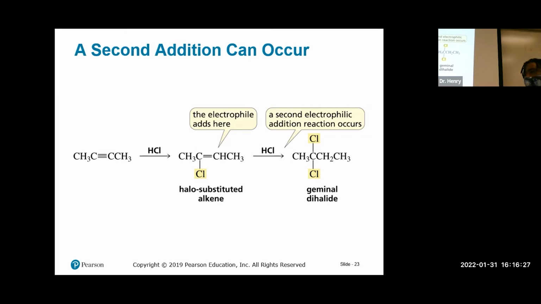If we're adding excess amount of HCl, then we know that we're going to end up with our geminal dihalide rather than just the substituted alkene. Okay, so if we have 1-to-1 equivalent, we're going to end up with the alkene. If we have excess, we end up with the geminal halide.